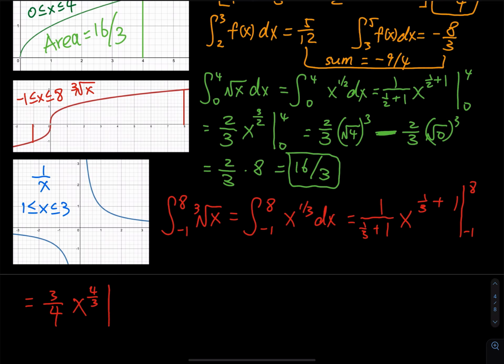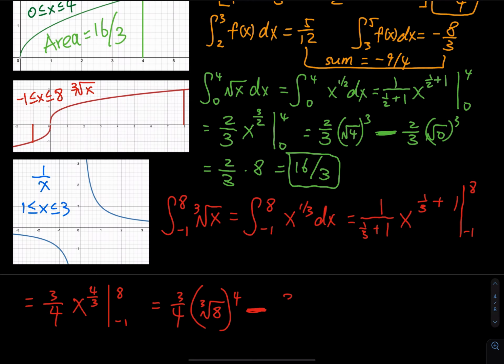And then this is from what? This is from -1 to 8. And then we plug in. So we have a 3 over 4, and then the third in the denominator. So that is a cube root of 8, right? And then after you finish, you raise the whole thing to the 4th power.